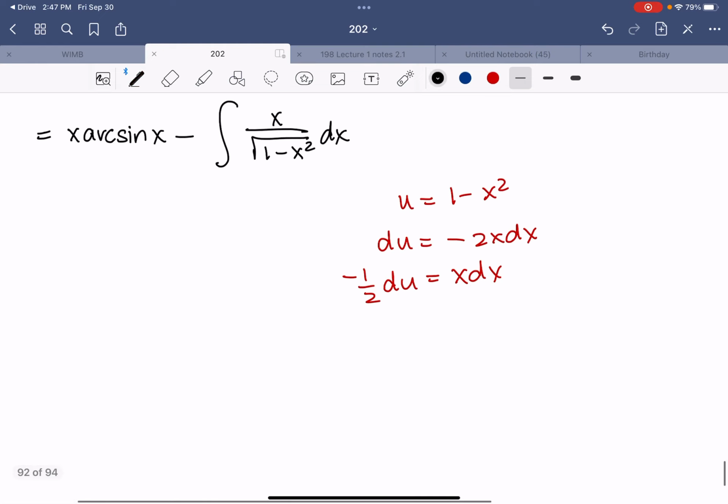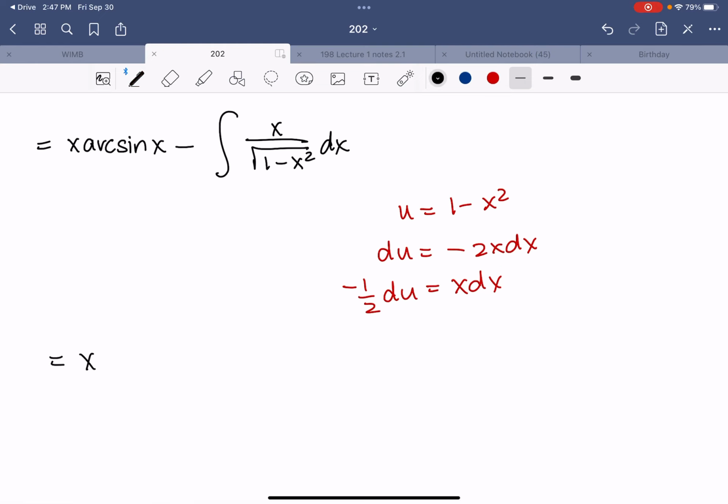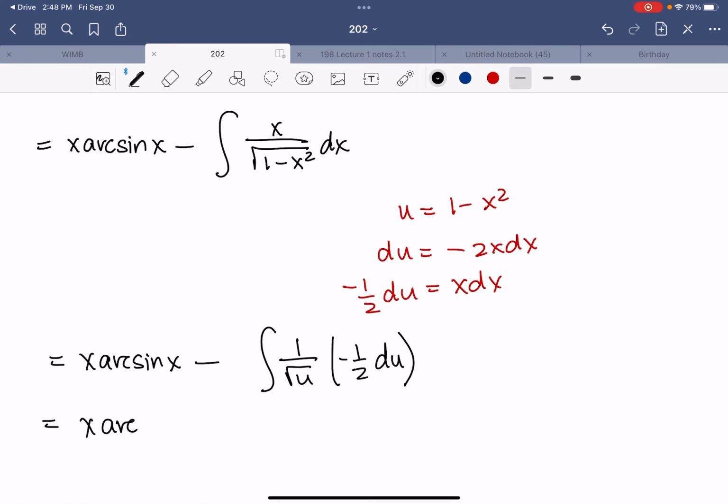Now I have the x dx, so let's divide the negative 2 to the other side. And that's going to give us x arcsine x minus the integral of 1 over the square root of u times negative 1/2 du. And that's plus 1/2 integral u to the negative 1/2 du.